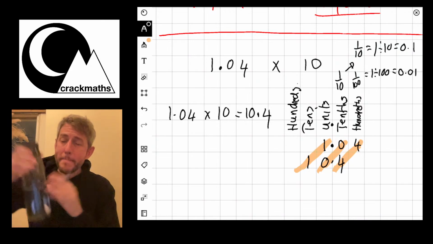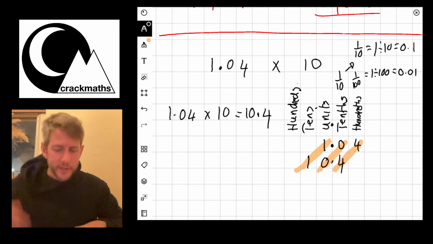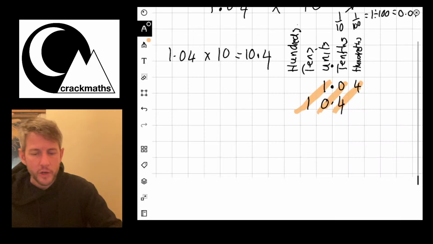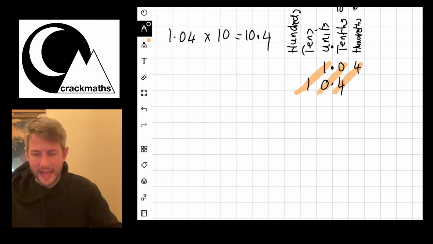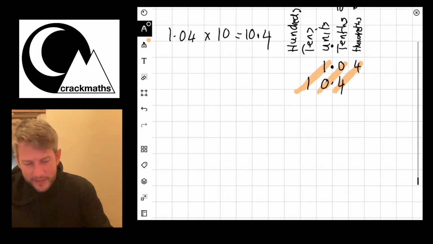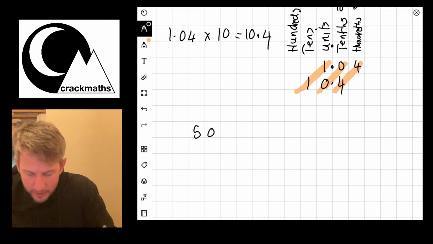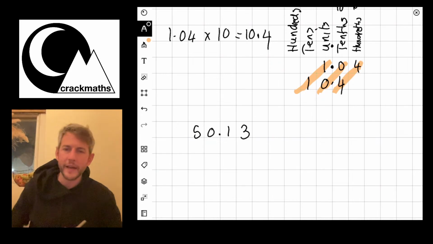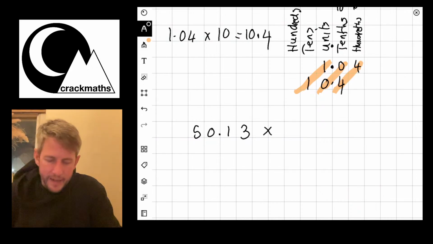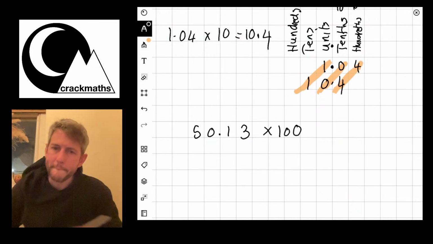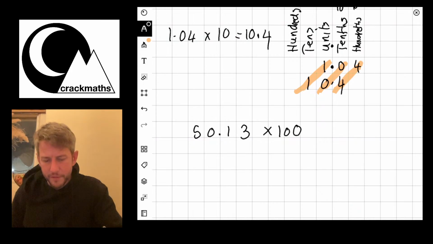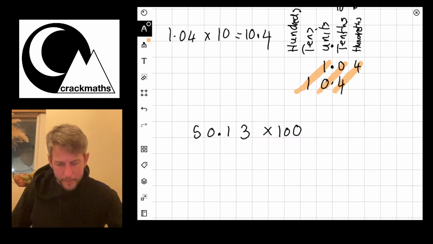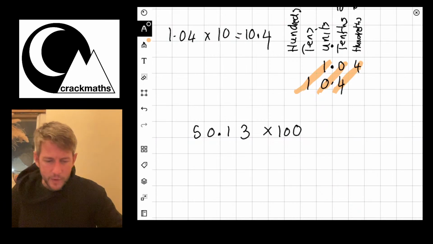Let's have a go at another one of those, just to make sure that we're getting the practice. Let's have 50.13, and let's times this by 100. So 50.13 multiplied by 100. Remember, I'm going to write my units out again.